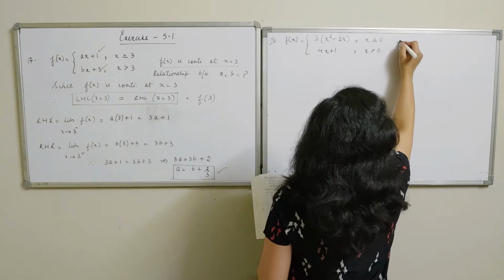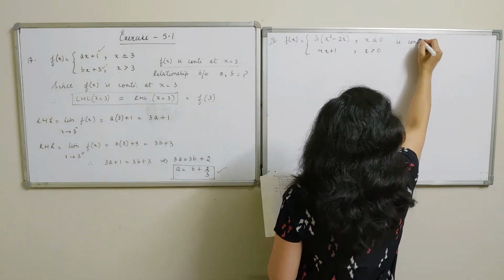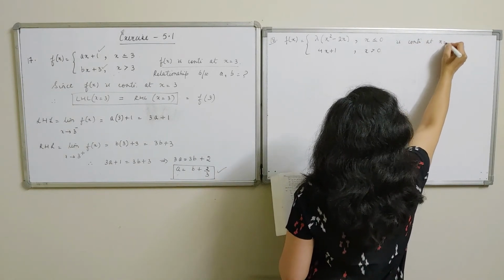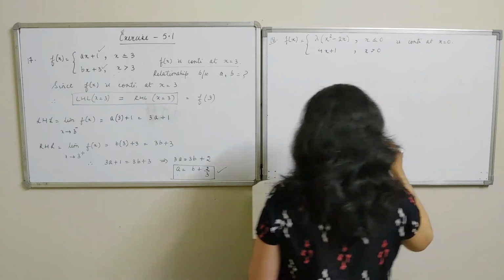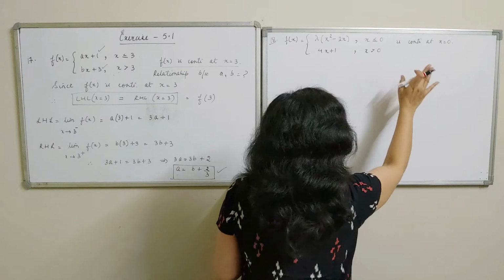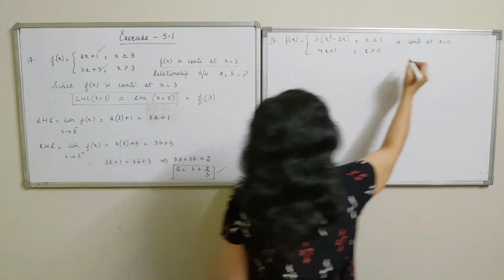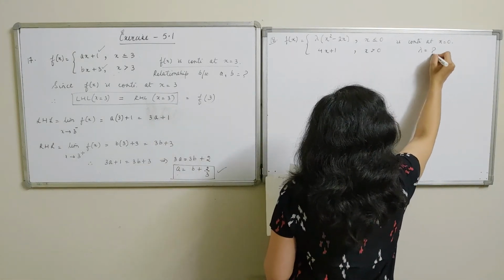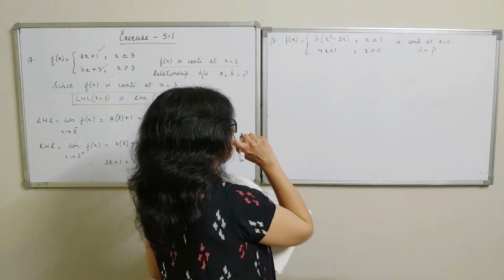We are given that the function is continuous at x is equal to 0. So there are two parts of the question. First part, function is continuous at x is equal to 0, and we have to find out here the value of lambda. That's the first part of the question.